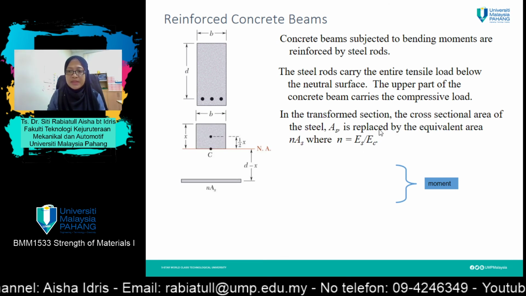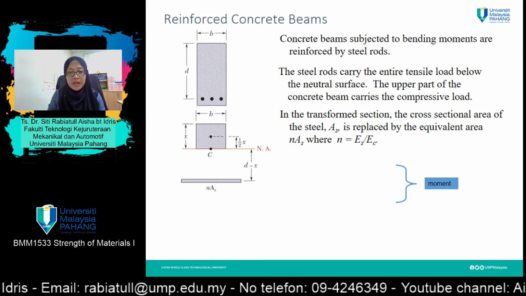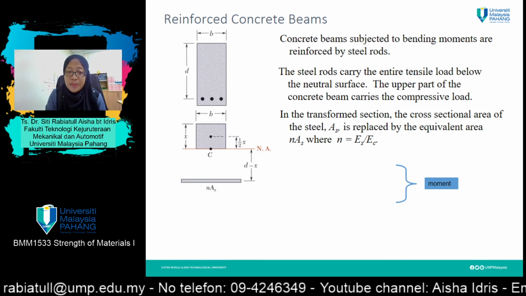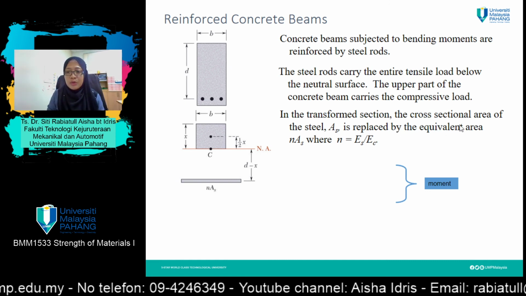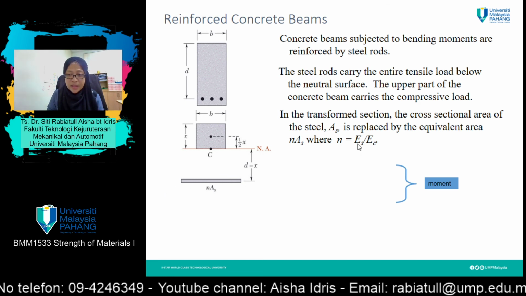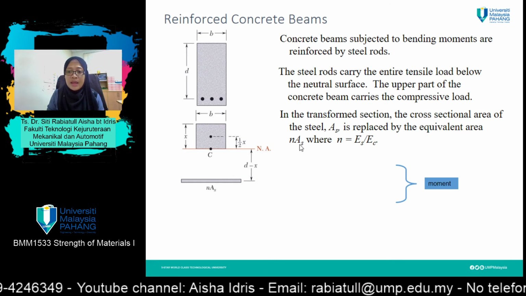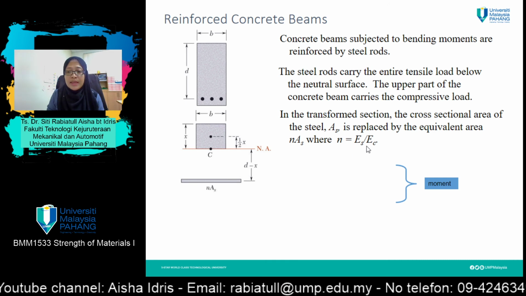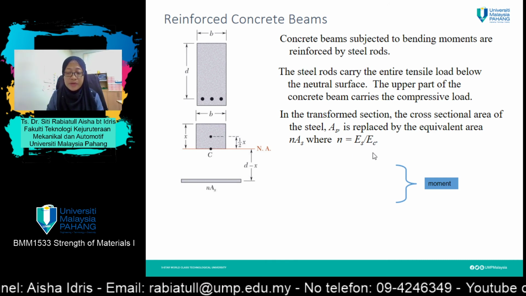The transformed section for a reinforced concrete beam is slightly special. If you refer here, the cross-sectional area for the steel, A_S, is replaced by the equivalent area n times A_S, where n equals E steel divided by E concrete, because we want to change everything into concrete.